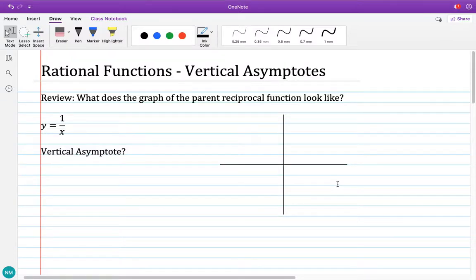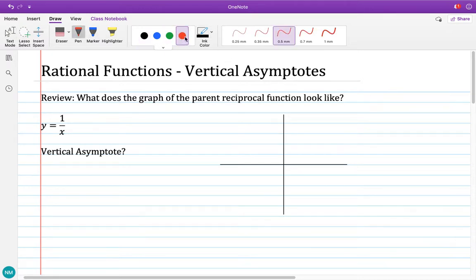Today we are going to talk about graphing general rational functions, and this is the first video to start a trend, essentially, to start all these videos on all the different parts of a rational function.